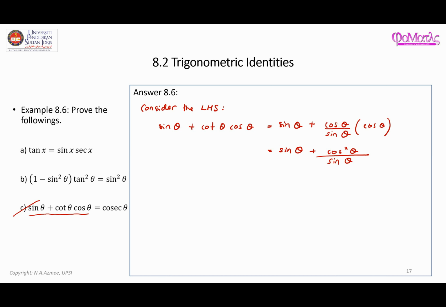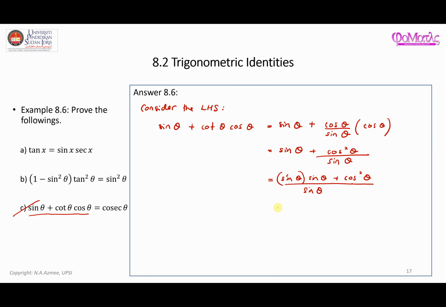Based on this, we can see that we need to add up these two terms, so we need to find the common denominator. In this case, the common denominator is sine theta. Therefore, over here we will have sine theta times sine theta plus cos squared theta.